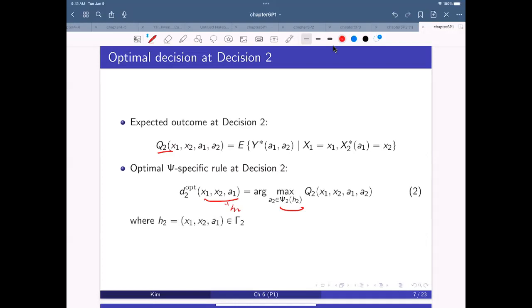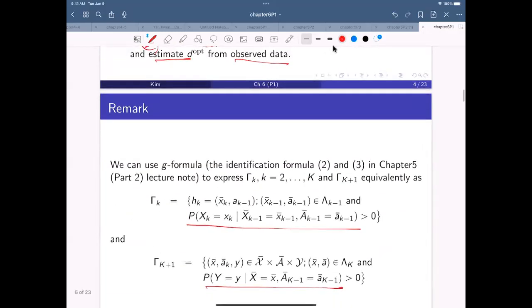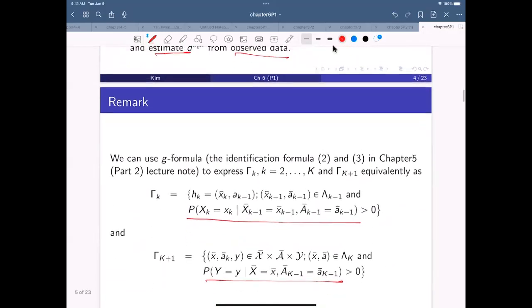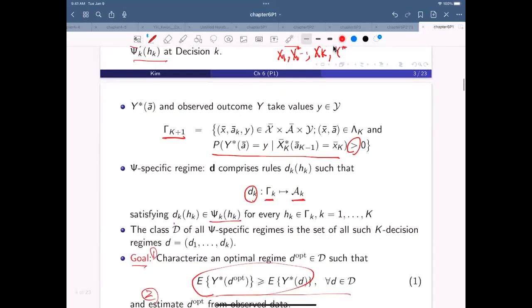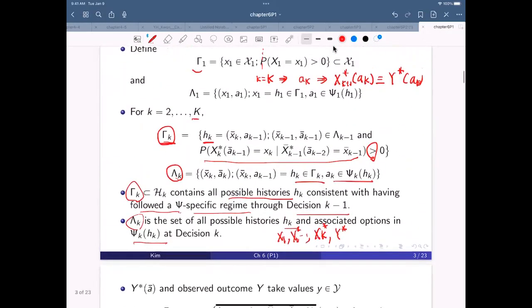Possible history is written in terms of the potential outcomes. This is observed, I mean, this is not really a random variable. This is the possible value that has a positive mass.